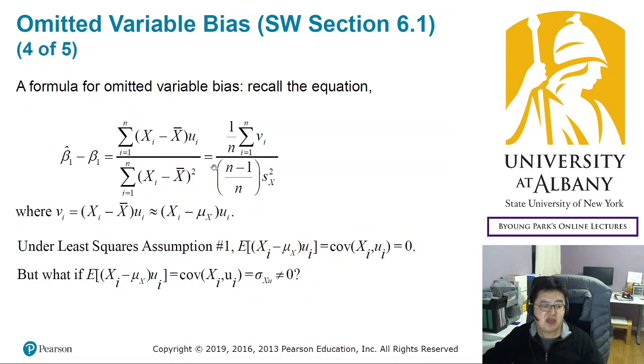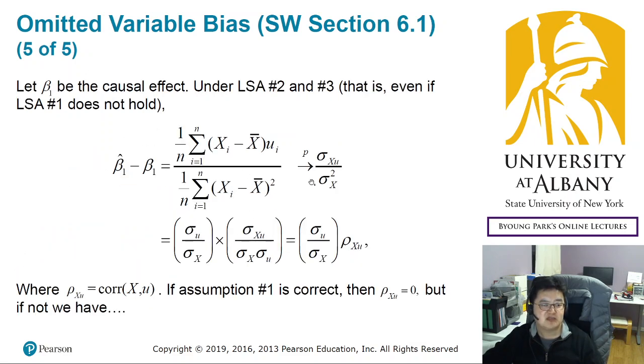So it can be mathematically derived. I will skip that. So by the way, this is worth mentioning. This is the bias because beta hat is what you estimate, and beta without hat is the true value you want.